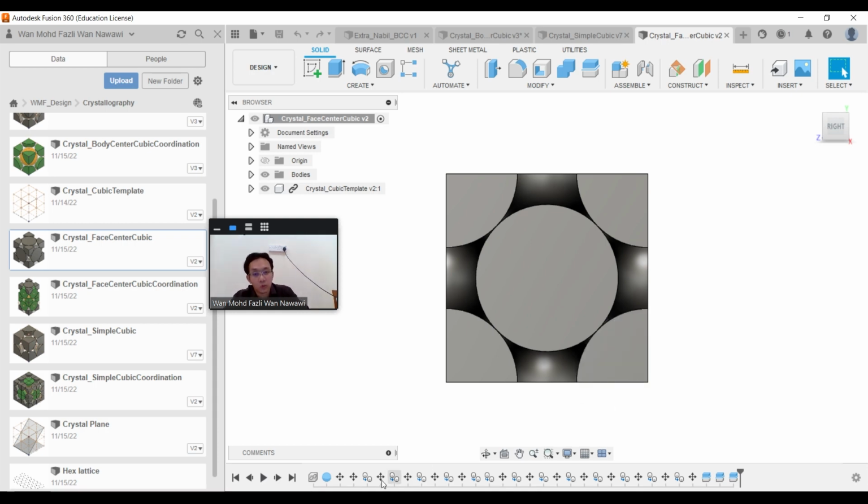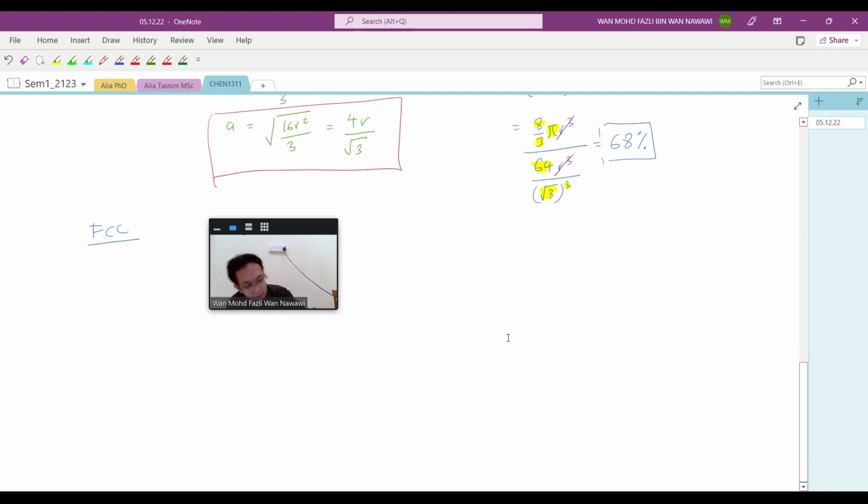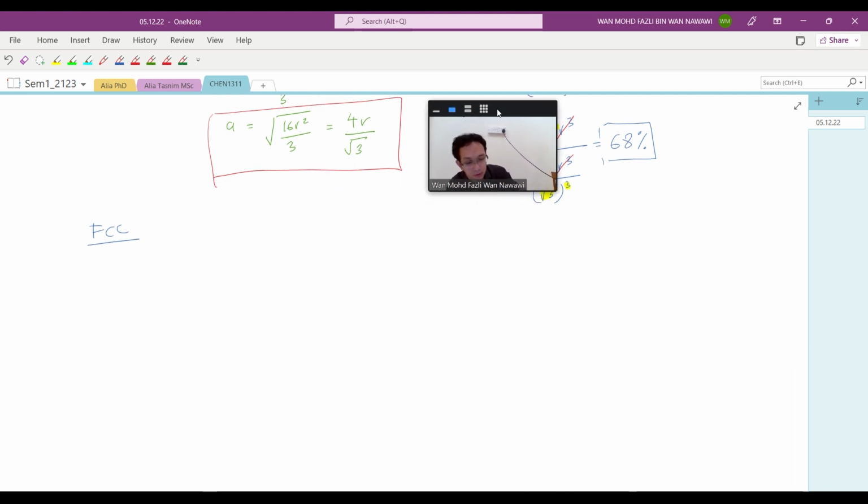So it is easier to calculate. Now you have something like this, and then you have the one in the middle like this. So you have 1R, 2R, 3R, 4R.